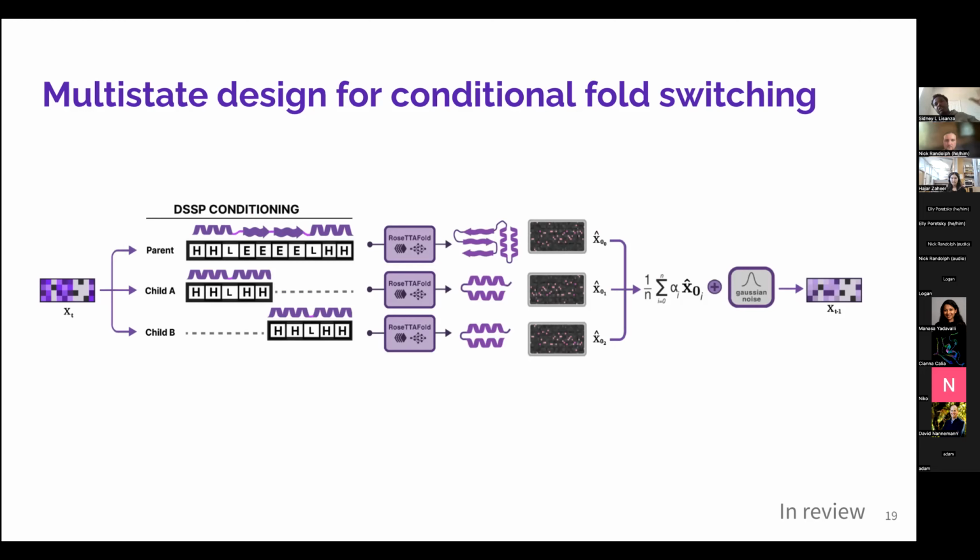So we ran the same sequence through the model with different conditioning, and the model predicts out X naught. We take those X naught predictions, average them, and then noise them to get X T minus 1, then iteratively do this for however many steps, to which point we get a sequence that the model believes adopts distinct states depending on the condition. In this case, the condition being cleavage.